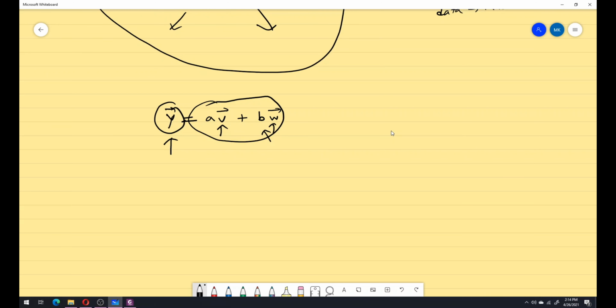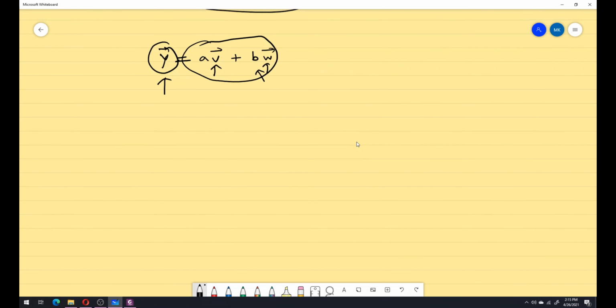Now why is this called a linear combination? Let's say you have these two vectors, this is v, and let's say this is w.